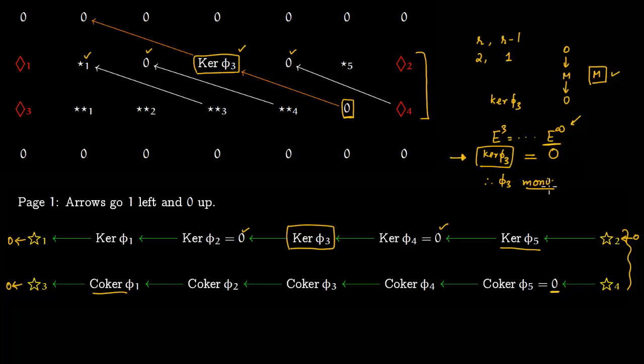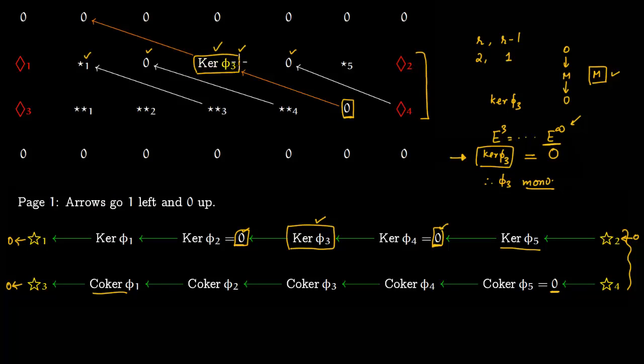Now you can see that this entire game was rigged, in the sense that we needed two zeros here first. So we needed this monomorphism right here and here, so that we can pick this kernel of phi 3 and put it right here. And we already knew on page 2 the arrow going out of kernel of phi 3 will be 0 anyway, because this 0 is computed from homology of some row above here, which anyway consists of 0.